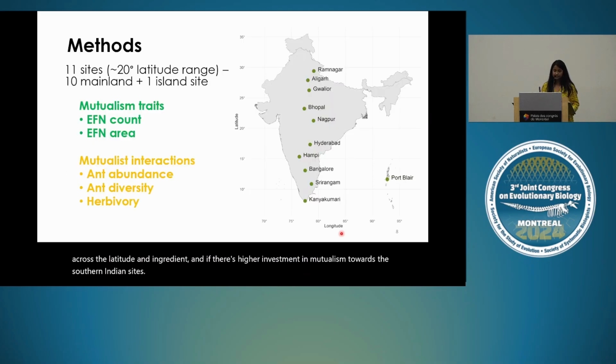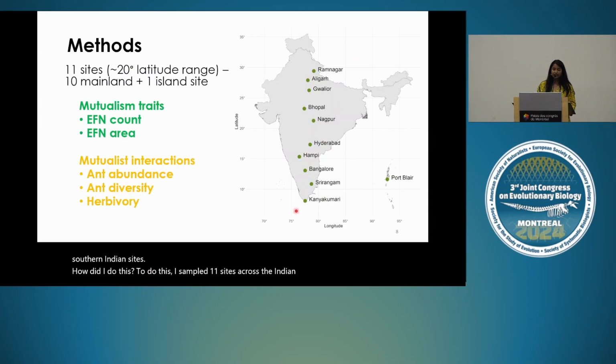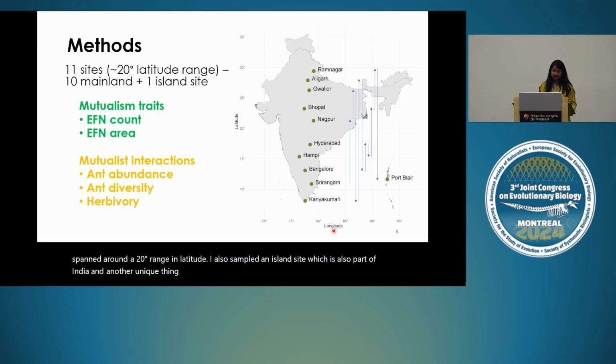How did I do this? I sampled 11 sites across the Indian subcontinent, and this spanned around a 20-degree range in latitude. I also sampled an island site, which is also part of India. Another unique thing about this data set is that I didn't sample these sites sequentially.